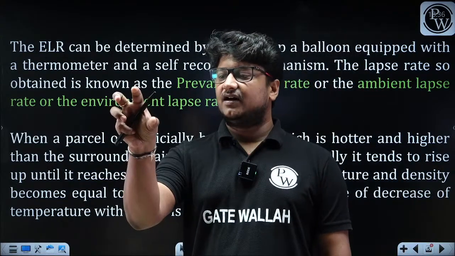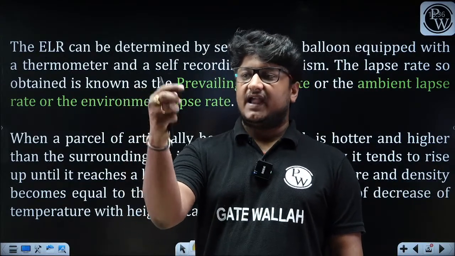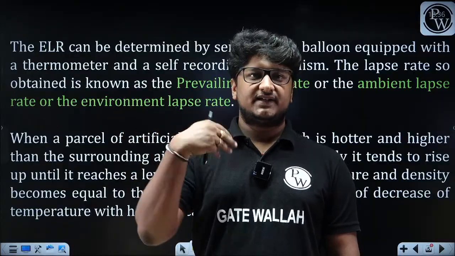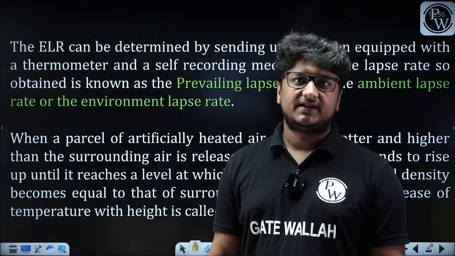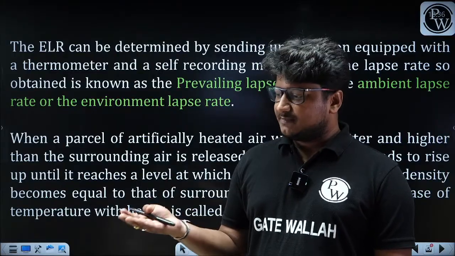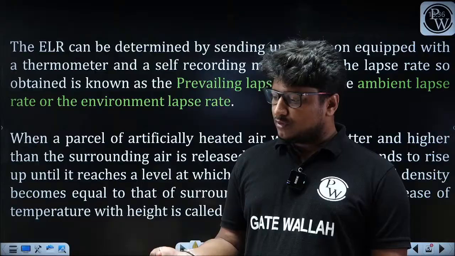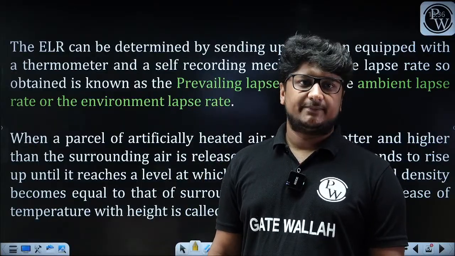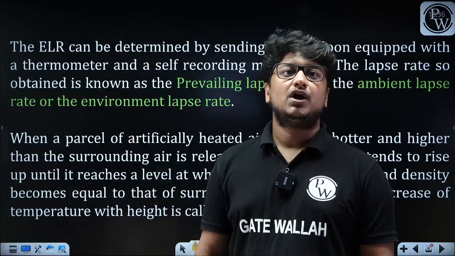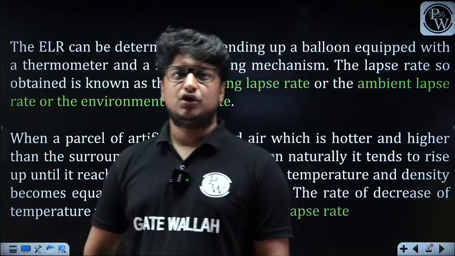Like if any warm body is there and you are going near to that body, suddenly you will feel more heat. When you are going away from the body, you will feel less heat. It's simple. Same thing, when you go above the earth surface, you will find a decrease in the temperature. Especially I am talking about the troposphere.